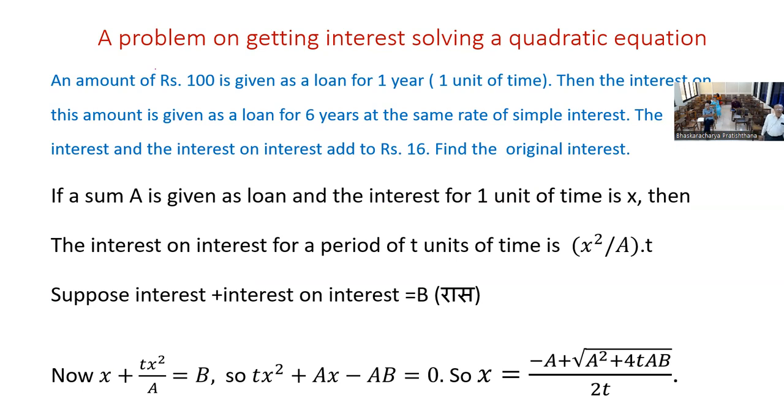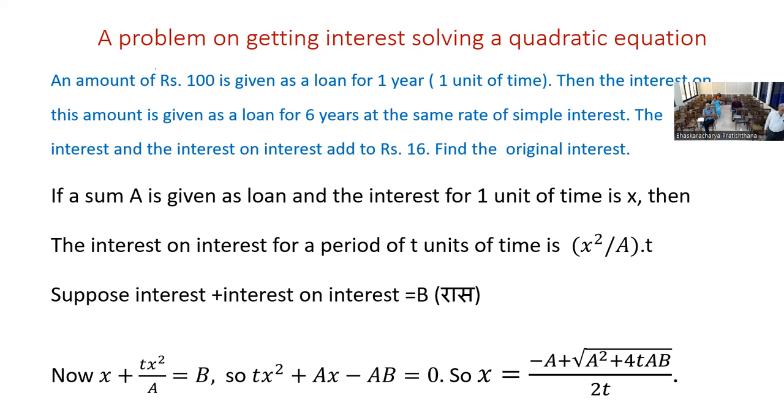So suppose Aryabhata says some amount. I am taking, for example, 100 as the amount, and it is given as a loan for 1 year. 1 year means 1 unit of time. It can be 1 month or a 6 month period, some period like that. Then the interest on this amount, for example, is 10 rupees, because suppose the rate of interest is 10%.